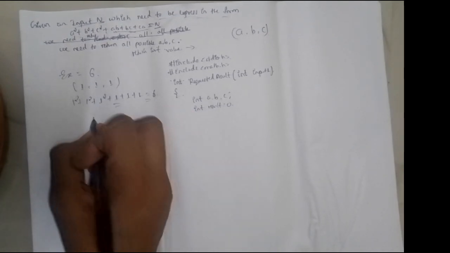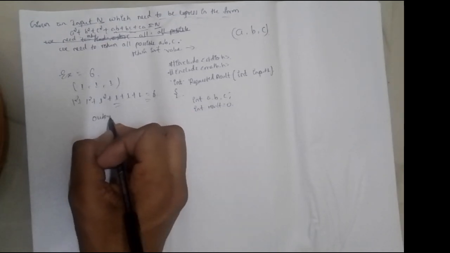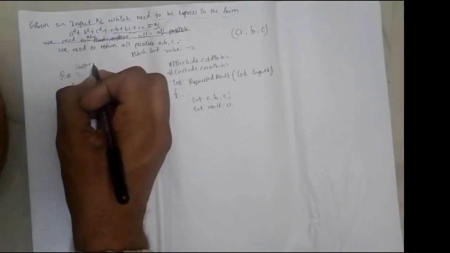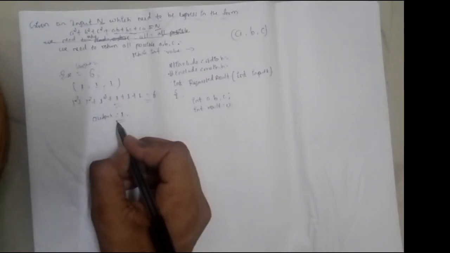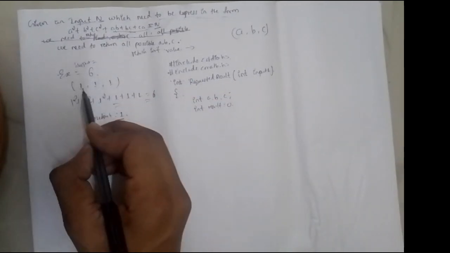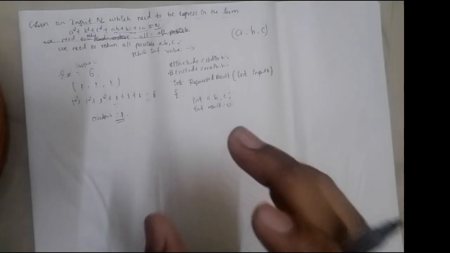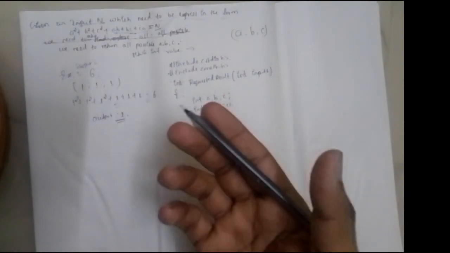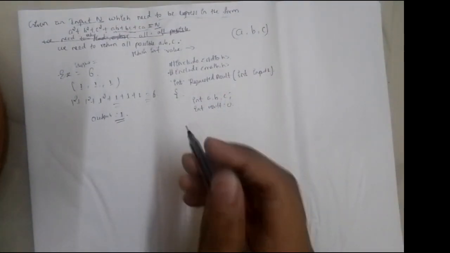So the output will be 1. So when input is equal to 6, the output will be 1. The possible a, b, c values are 1, 1, 1, so only one form of a, b, c will solve this equation, which gives 6 as an answer.